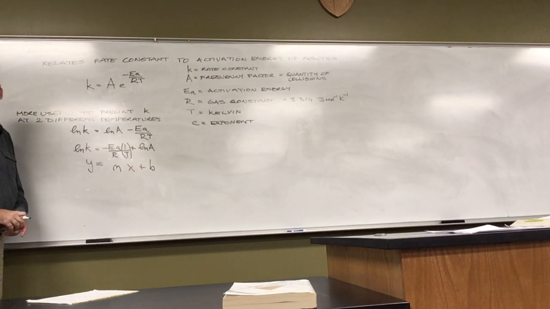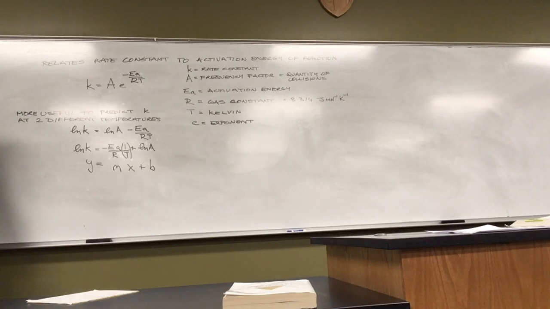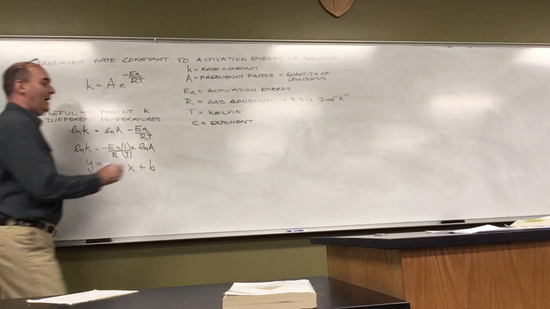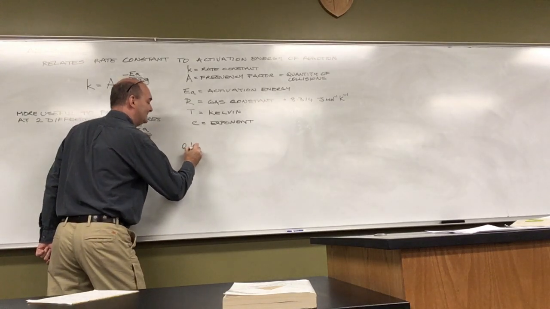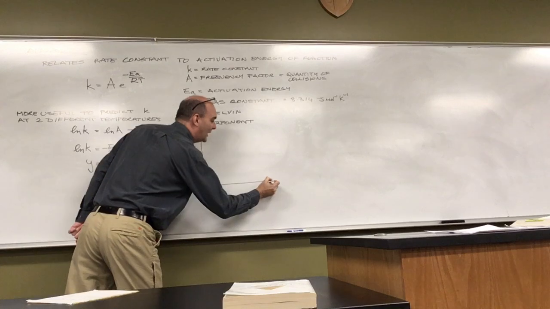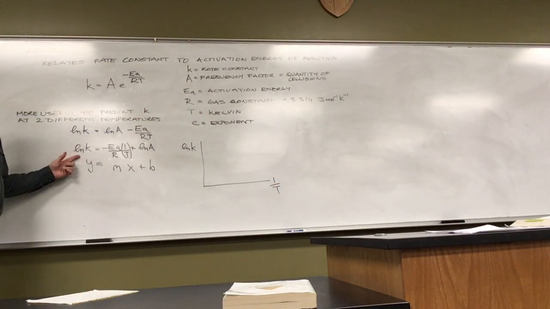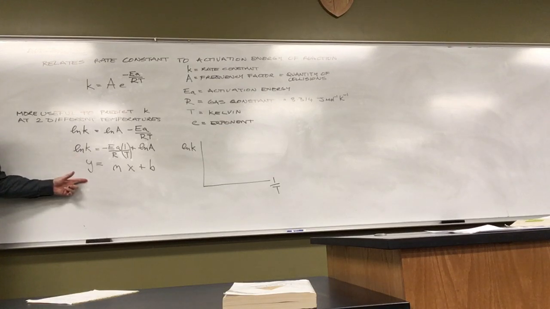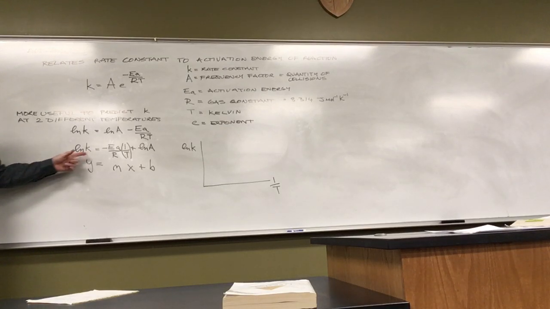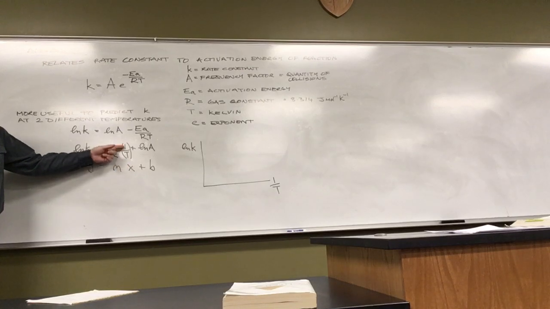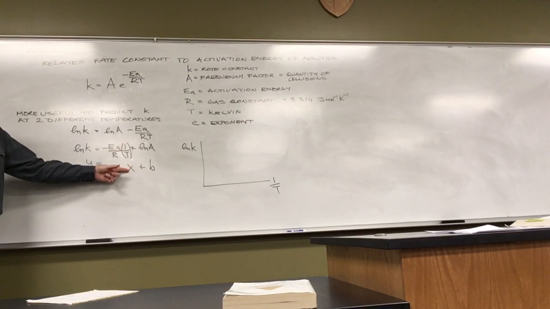It's a straight line. If I plot ln k against 1 over T, natural log of k just became my y. 1 over T just became my x.